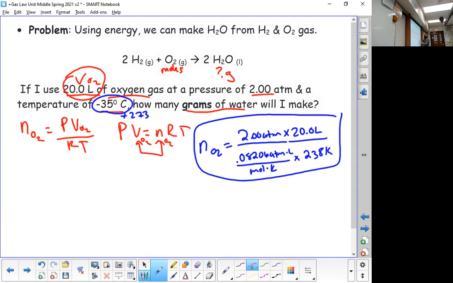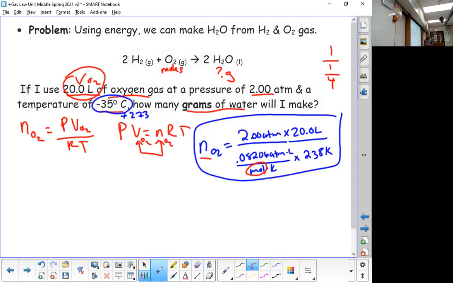The only unit that will not cancel is moles. I didn't say this yesterday, but if a unit is on the denominator of the denominator, like 1 over 1/4, a complex fraction, it's really equal to 4. So units on the bottom of the bottom. I don't need you to show the math, but dividing by this is the same thing as multiplying by the reciprocal. So this is really in the numerator, which should make sense since it's the only unit that we're not solving for.